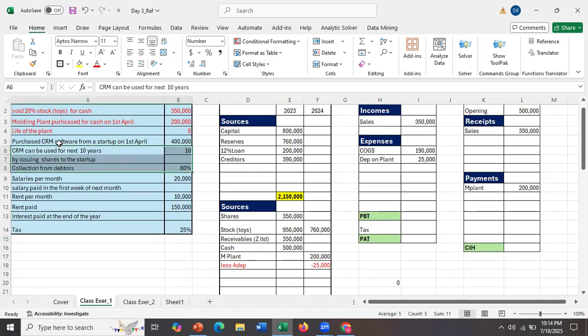Similarly, the company purchased a CRM software, and it's an intangible asset. It may have reading material or a user manual, but the software sits on the computing system or your servers. You can't see that, but it will work. So it is an intangible asset. Acquisition of CRM is an asset acquisition. But did the company pay money for that? Cash? No, they did not pay cash. But how did they acquire? The company acquired by issuing shares.